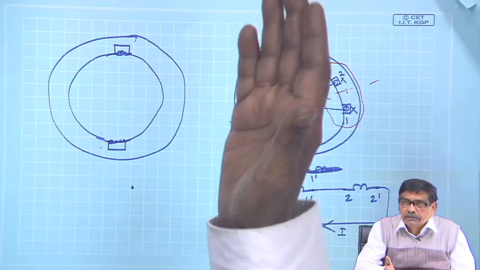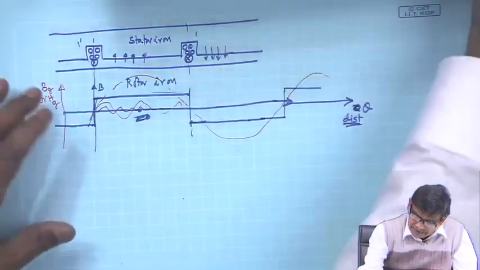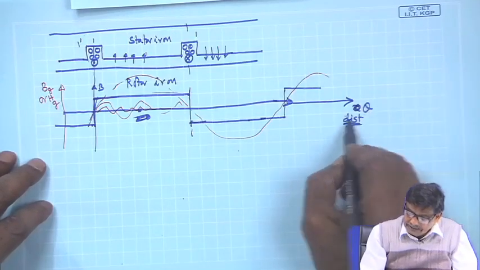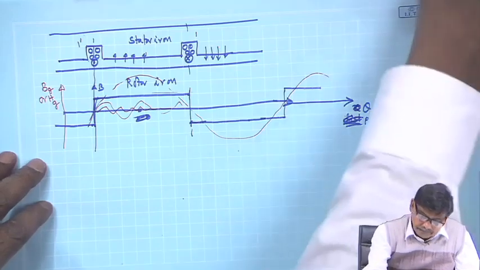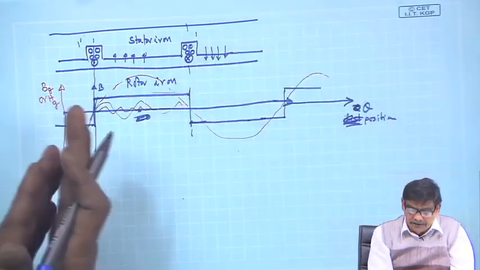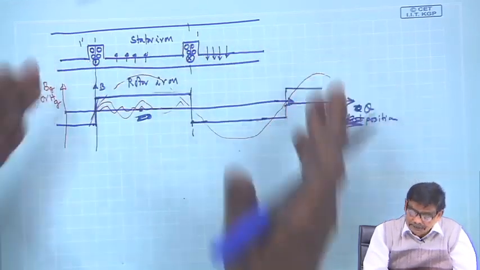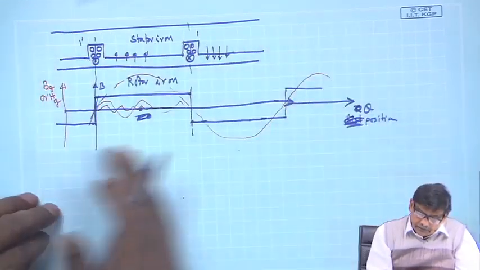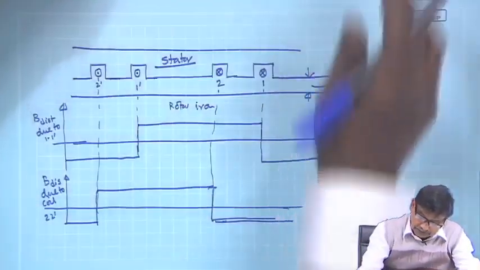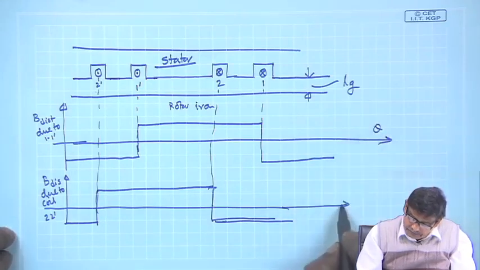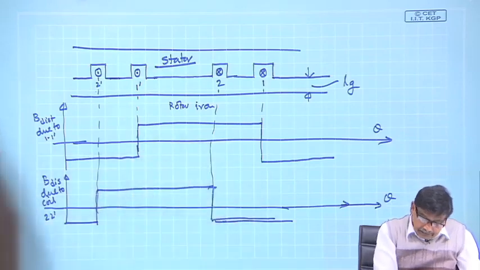So, instead of distance, we can write theta position. Although we have developed the diagram, that theta will also get translated here. So, the B distribution is with respect to position, so here it is theta, mind you. I hope you have understood the point.